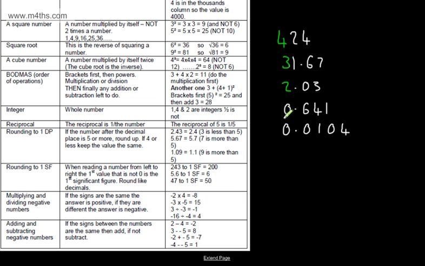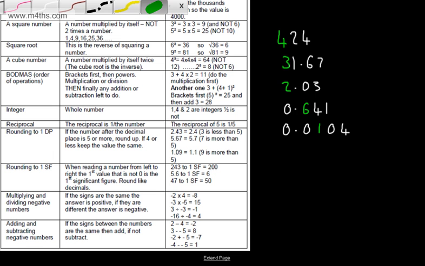When we're talking about significant figures, it's the first non-zero number. So this is not significant. The first significant figure in this number is the 6, and that is tenths. These are tenths. So we'll be rounding to the nearest tenth. Here, the first significant figure is the 1, and that is 100ths. If we see a 0 after, we don't worry. Once we've got one value, all of these become significant.